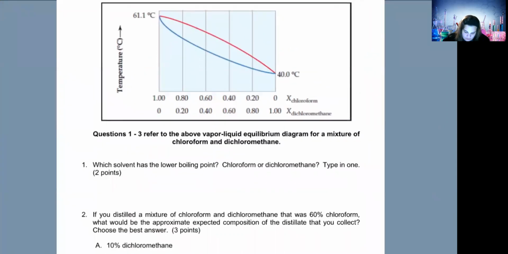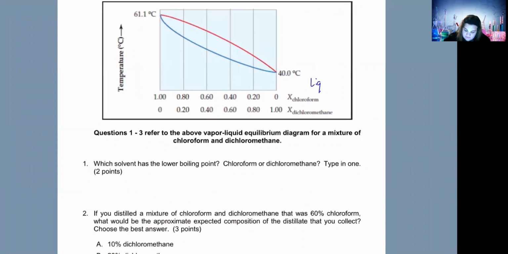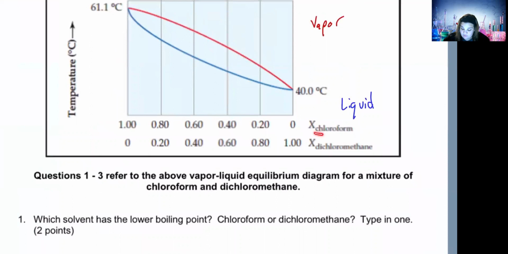So here we want to know which solvent has the lower boiling point. Okay. So remember how these curves work. The liquid is the bottom, and the vapor or the distillate is the top. So we want lowest boiling point. When I look at my x-axis, here's what I'm gathering from the information given. We have chloroform and dichloromethane, okay? Over here, we have 0 chloroform and essentially 100% dichloromethane.